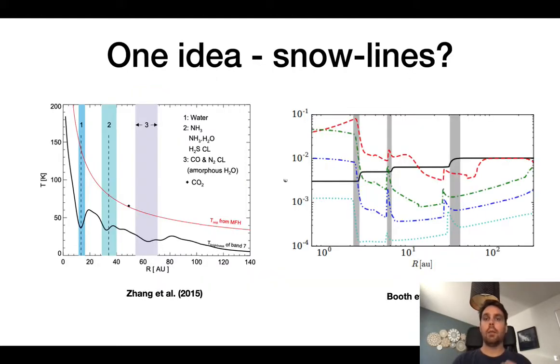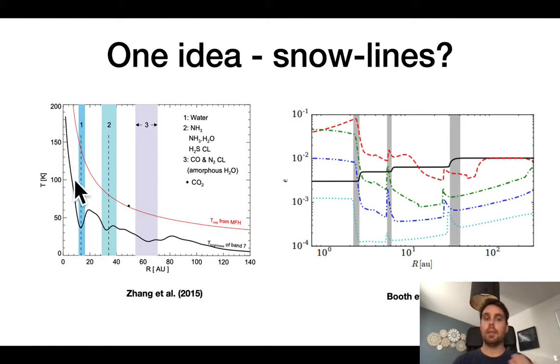Now, while the planetary hypothesis to these rings is very alluring, one of the original ideas was actually perhaps that snow lines, where solids condense into the vapor phase, or vice versa, cause changes in the abundance of solids as a function of distance.